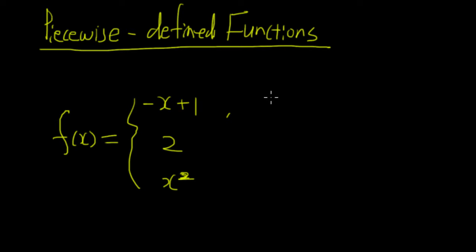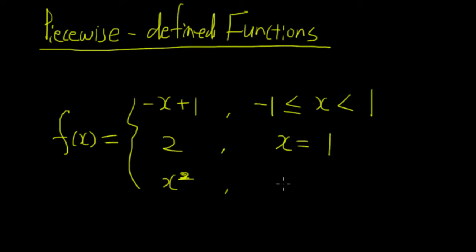When x is between negative 1 and 1, you know that this double line means equal to, and this is x less than 1. Not equal to is not included here, but the double line means it's equal to. So when do we get 2? When x equals 1.